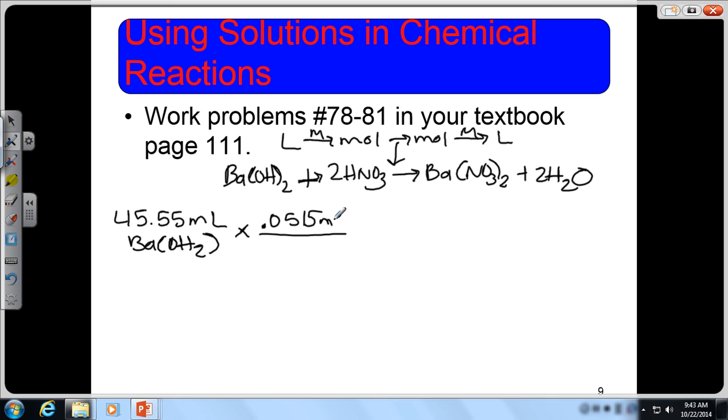If you're in milliliters, the only difference is you're in millimoles.